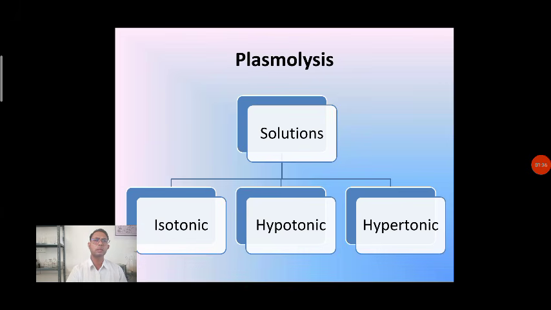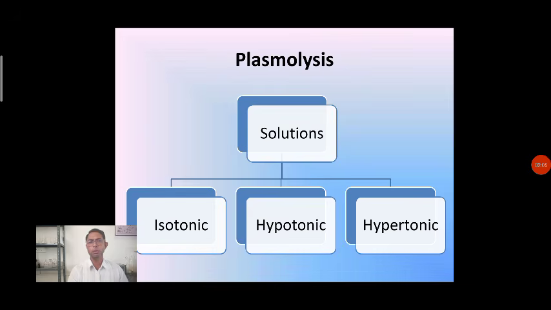So there are a number of different solutions available to the organism in the environment. For example, a bacterial cell or a plant cell will face different conditions where different solutions are available. Sometimes the pH of that solution is less than 7, greater than 7, or 7.